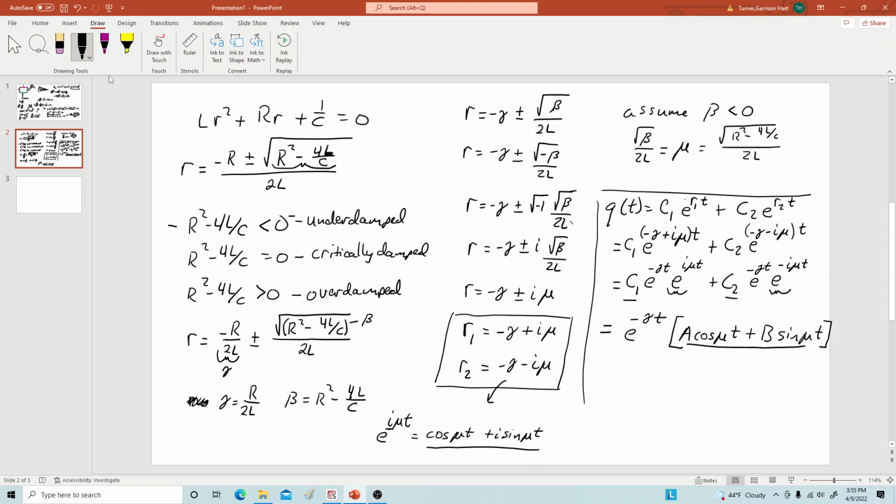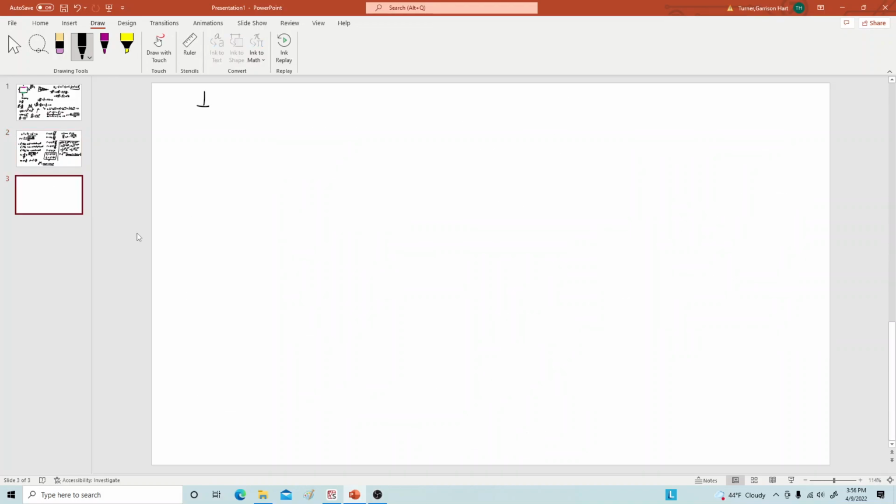Okay. So now we're ready to evaluate our constants A and B, and to do this, we need initial conditions. Now we've already been given one: at time 0, the charge on the plates is going to be an initial amount Q naught.